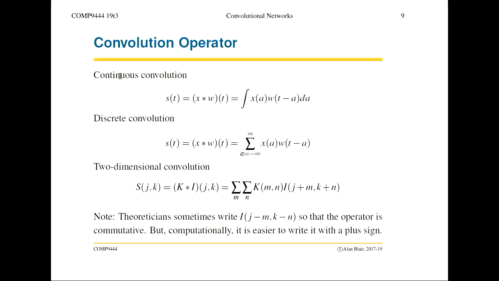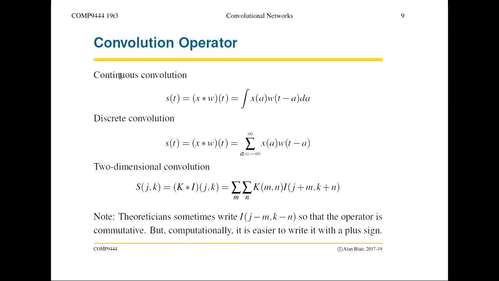Okay, so now we get to convolution. Now I'm going to work through an example here, but just show you a little bit of the motivation of this. This actually comes from signal processing. When you process speech signals, you have continuous convolution using this formula.